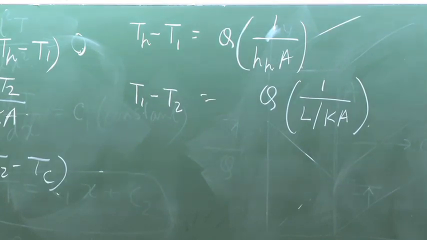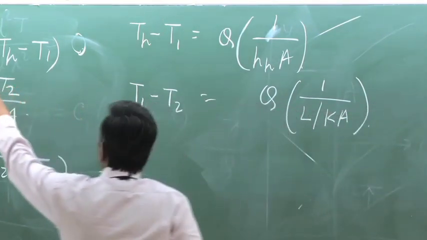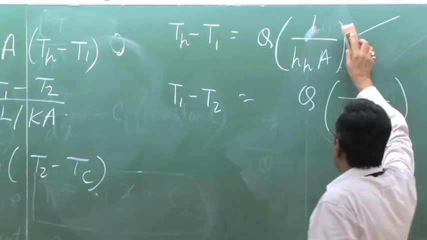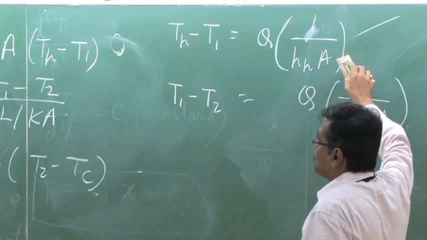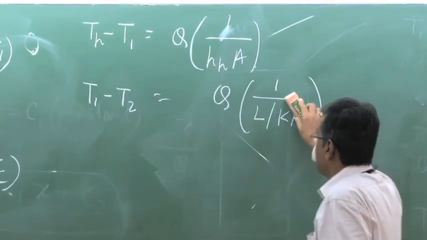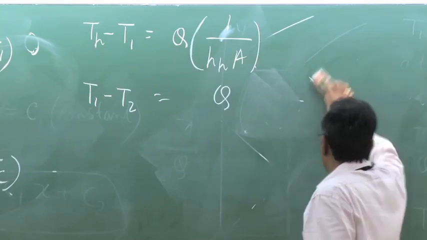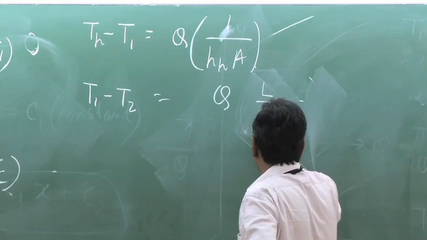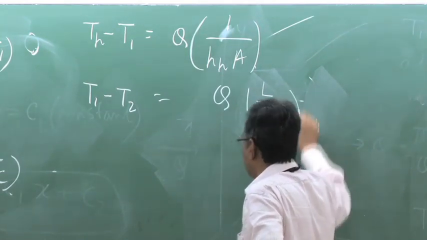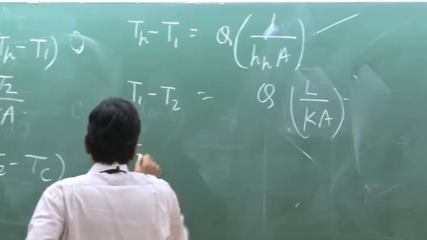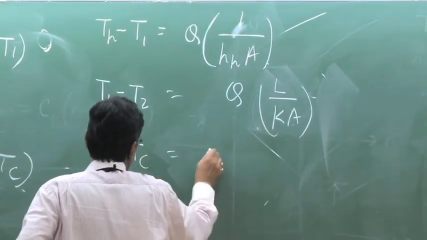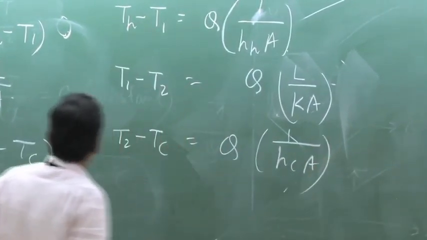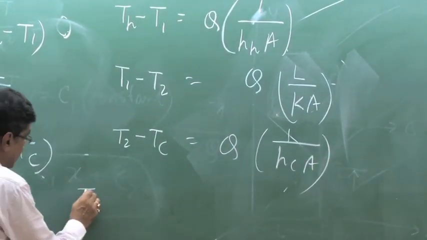Okay, it is Q into 1 by HH, not 1 by HHA. I am extremely sorry. Second one is Q into L by Ka. And the third one is T2 minus Tc is equal to Q into 1 by HCA.